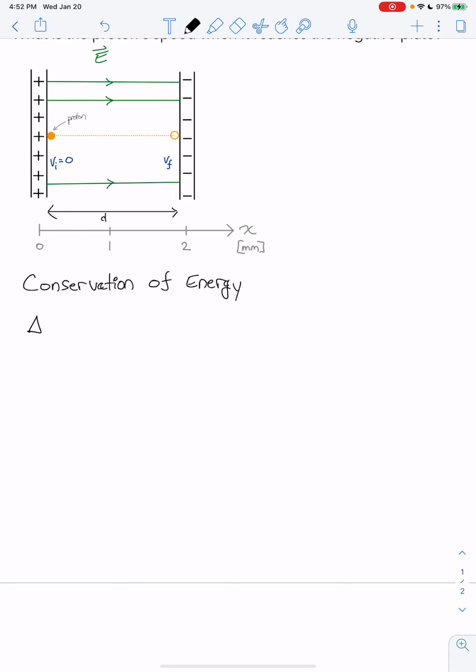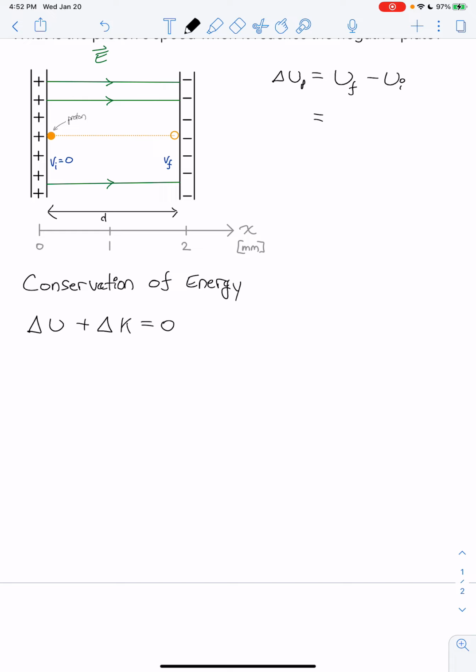So the change in the potential energy plus the change in the kinetic energy is 0. Well, let's take a look at each form of energy in this system. So we have a potential energy of the proton, and so the change here is going to be the final potential energy minus the initial potential energy. This is electric potential energy.